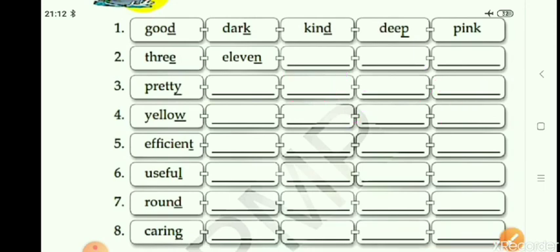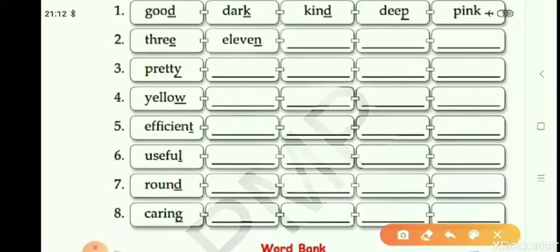Now moving on to the fourth one, yellow. As you can see, the last letter is W, so the word should start with W. It is wrong, W-R-O-N-G, wrong. Now the next word should start with G. G for green, G-R-E-E-N, green.